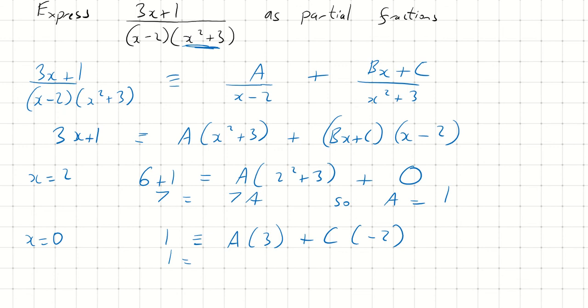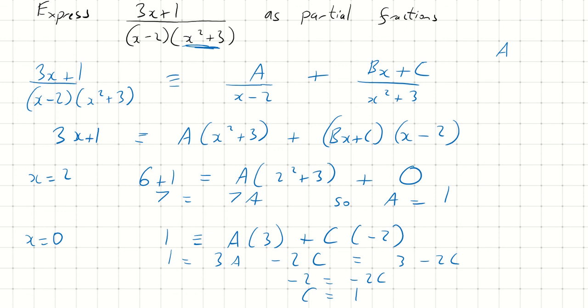So 1 equals 3a minus 2c, but we know a is 1, so this is equal to 3 minus 2c. Solving that, minus 2 equals minus 2c, so c equals 1 also.